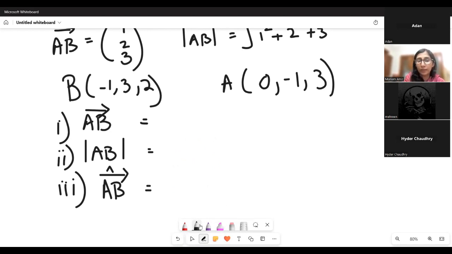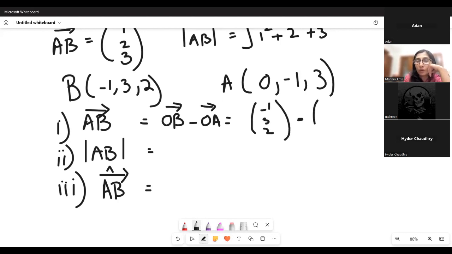From O-levels, we know AB equals position vector of B minus position vector of A, which is OB, the column vector (-1, 3, 2), minus OA, which is (0, -1, 3). So AB is (-1, 4, -1).